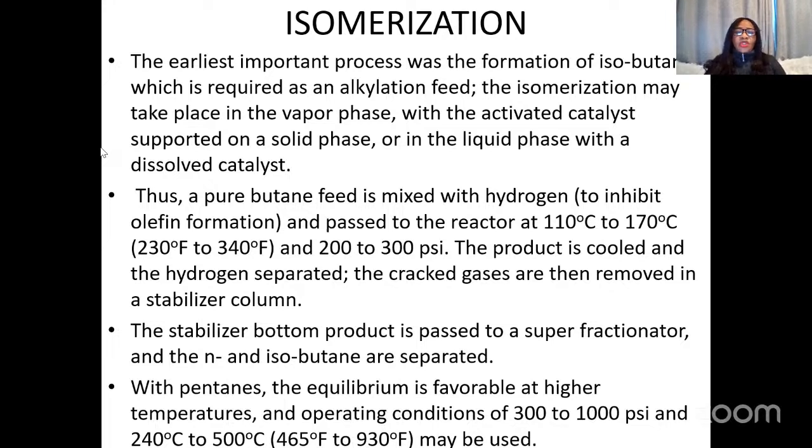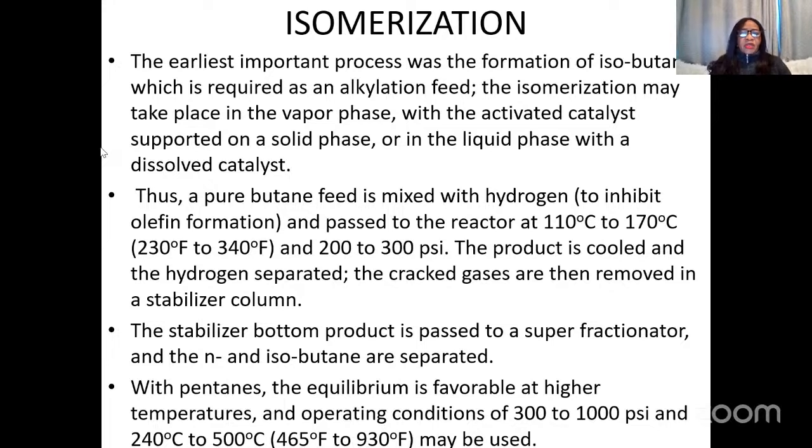The product is cooled, the hydrogen separated, and the cracked gases are then removed in a stabilizer column. The stabilizer column product is passed to a superfractionator, and then the n-butane and isobutane are separated there.